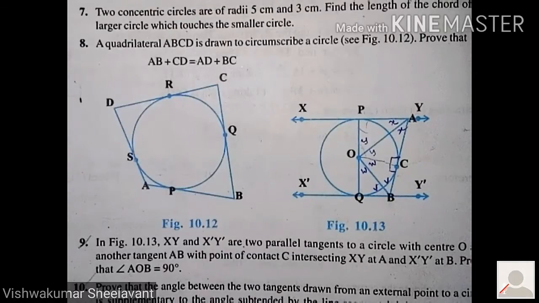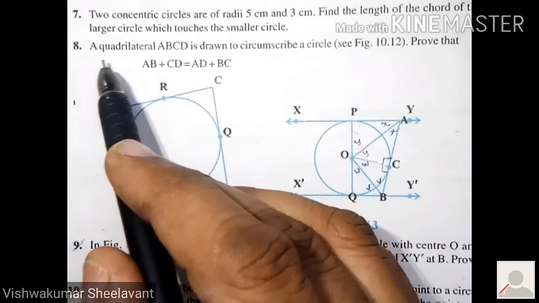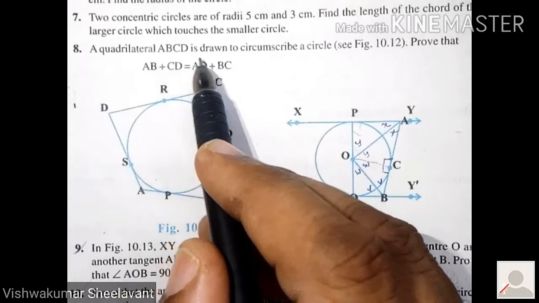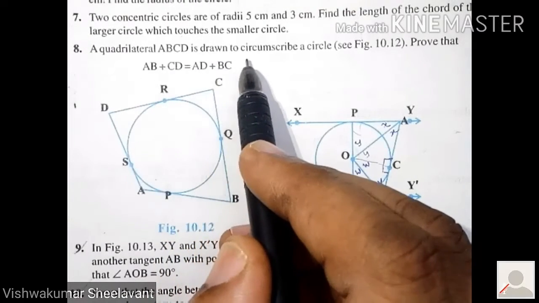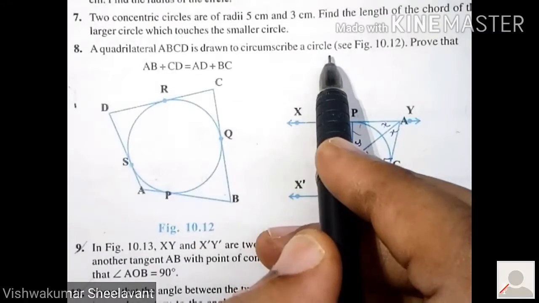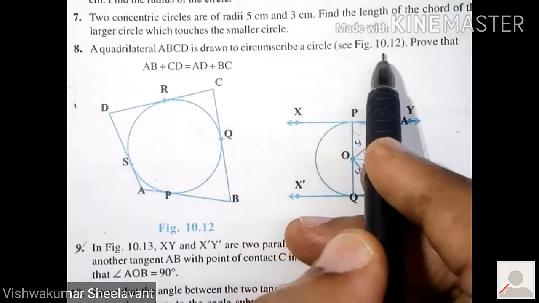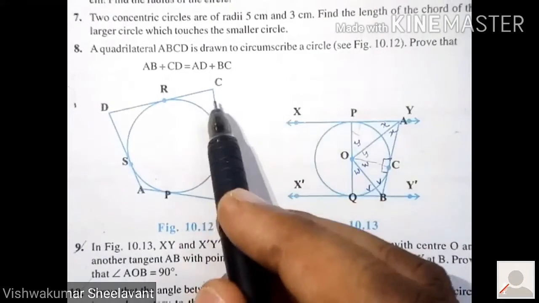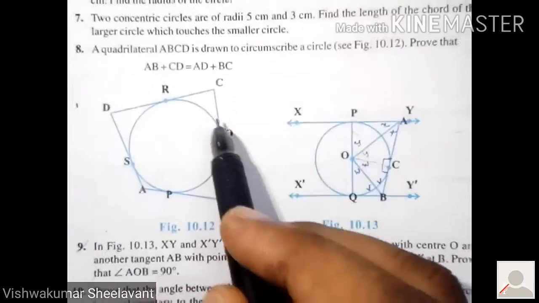Problem number 8. A quadrilateral ABCD is drawn to circumscribe a circle. See figure 10.12. A figure is given here.